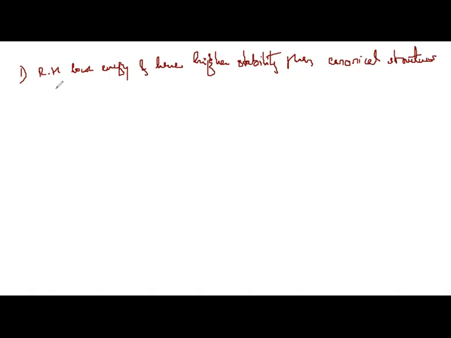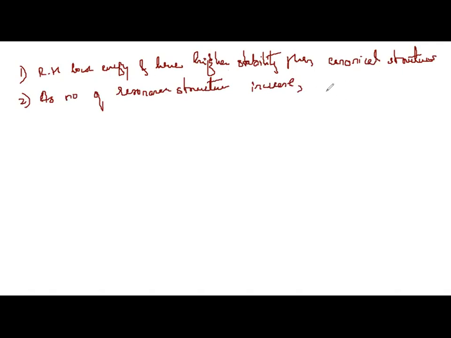Second point is, for a given molecule, as the number of resonance structures or canonical structures increases, what will happen?